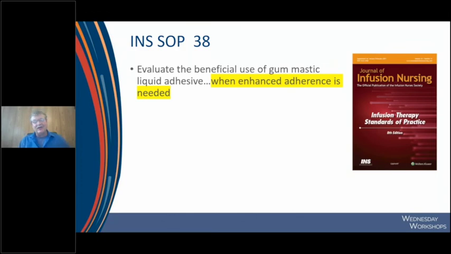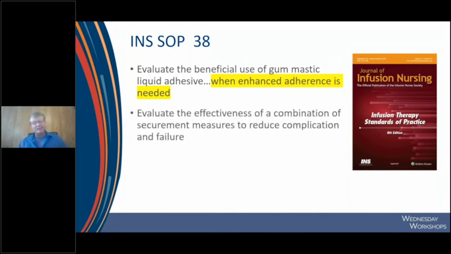So in the standards, when we look at dressings, it tells us to evaluate the benefit of using gum mastic liquid adhesive when enhanced adherence is needed. Well, when you look at Richardson and you discover that your dressings may not be lasting for 7 days, you're probably going to say, we need something that sticks better and will stay on for a full 7 days.